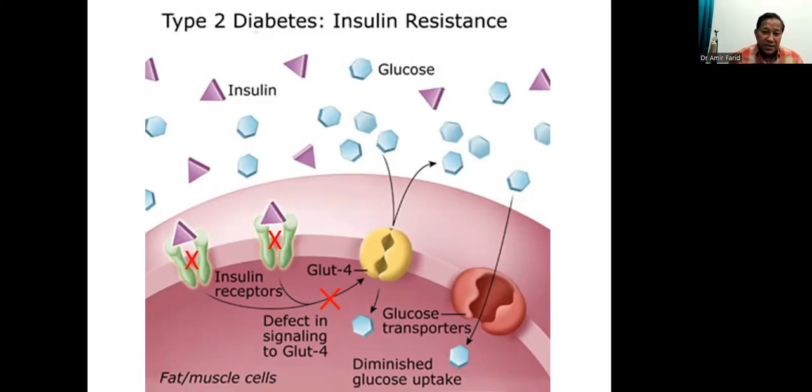So when there is insulin resistance, meaning there is defect at the level of the insulin receptors, even though insulin locks in, the signal is weak or poor, so there is a defect in the signaling to the glucose channel. Because of that, there is reduced glucose uptake, right? So the problem is with the receptors. When we're talking about resistance, it is the problem with the insulin receptors. It's almost as if they are resisting the instructions of insulin.